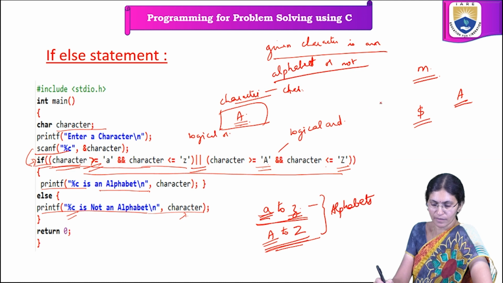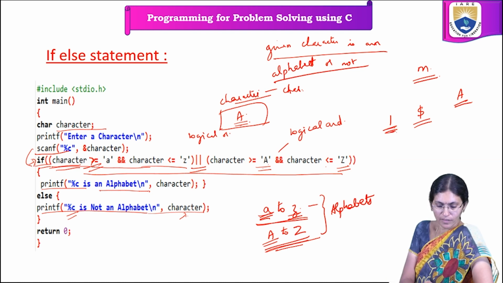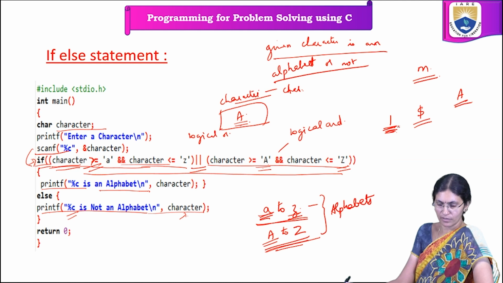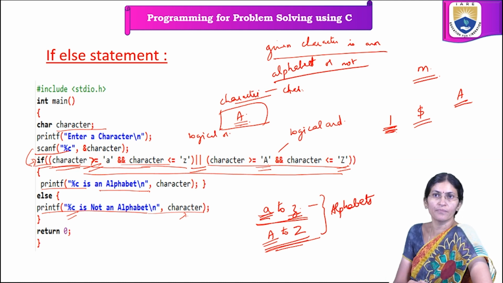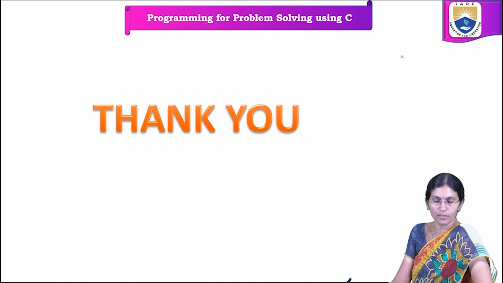Suppose we enter some other character, like dollar, or if the input given is 1, then this condition is not satisfied. Then it will come to the else block and it will print that 1 is not an alphabet. So in this way, we can check whether the given character is an alphabet or not.